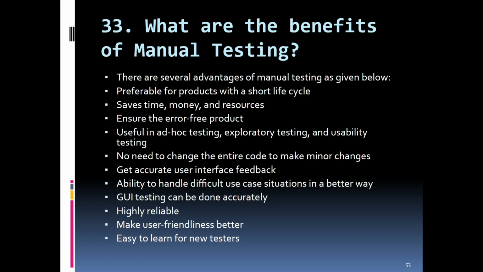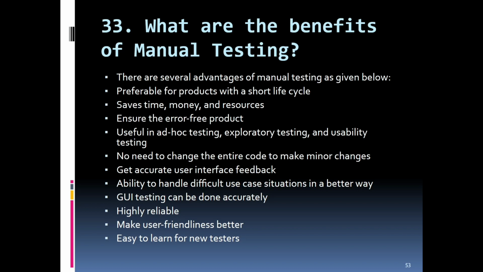So what are the benefits of manual testing? Till now you have come to know what manual testing and automation testing are. So there are several advantages of manual testing. It is preferable for products with a short life cycle, saves time, money, and resources, ensures an error-free product, and is useful in ad hoc testing, exploratory testing, and usability testing.